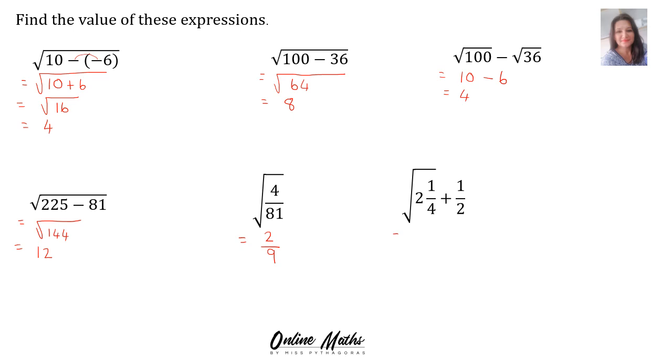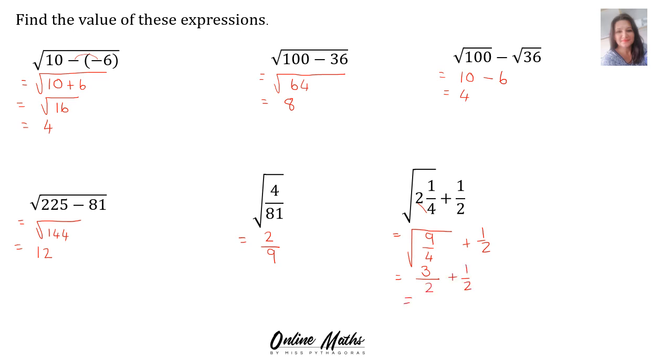That one, you will turn into an improper fraction, still under the root. So you will say 2 times 4 is 8, plus 1 is 9 over 4 plus a half. And then you say the square root of 9 is 3 over the square root of 4 is 2 plus a half.